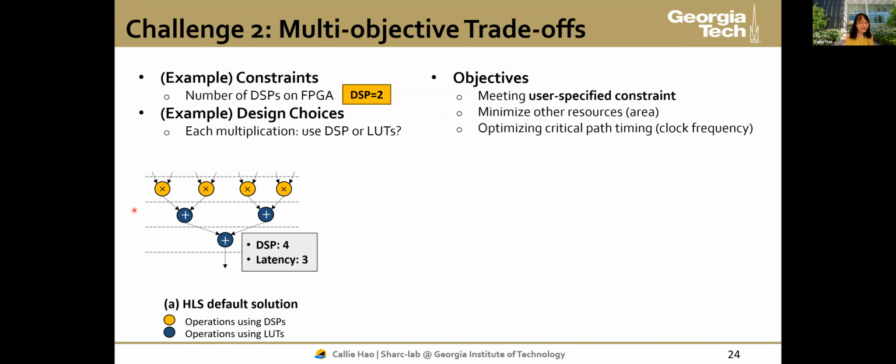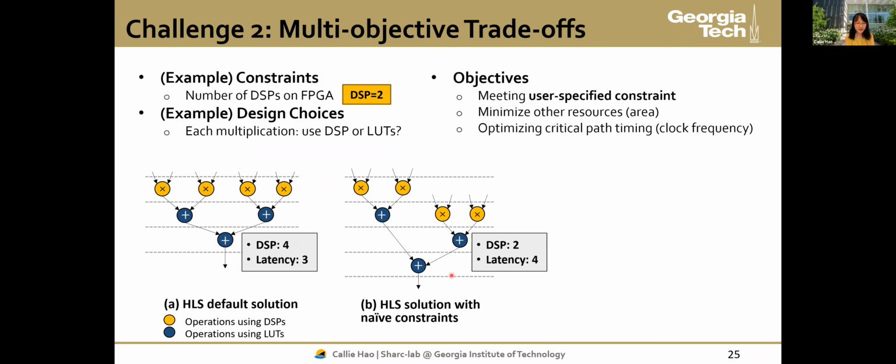So this is one example, the HLS default solution. For example, we have 4 multiplications and finally want to do this addition. These yellow dots are operations using DSPs and these blue dots are operations using LUTs. So in this default solution, we're using 4 DSPs and the overall latency is 3 clock cycles.